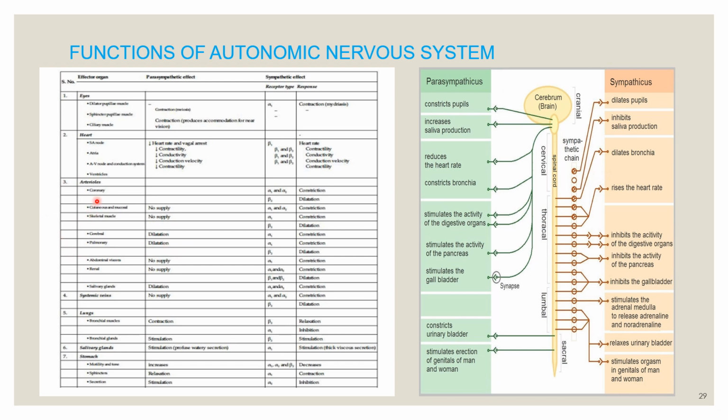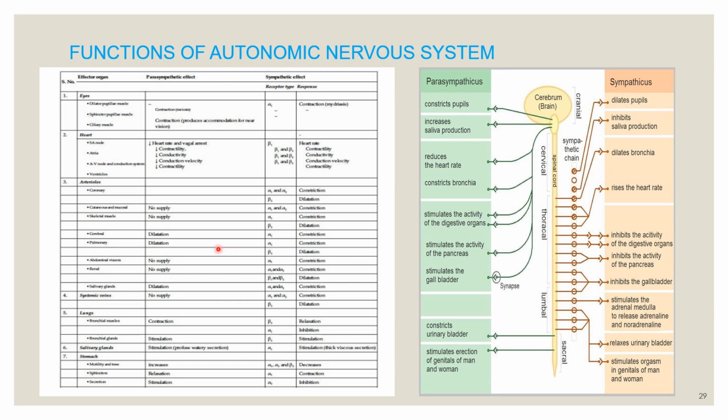First, coronary arterioles, which supply the heart, have alpha 1, alpha 2 and beta 2 receptors. Stimulation of alpha 1 and alpha 2 receptors causes constriction. If you stimulate the coronary arterioles through beta 2, it leads to dilatation of the arterioles.